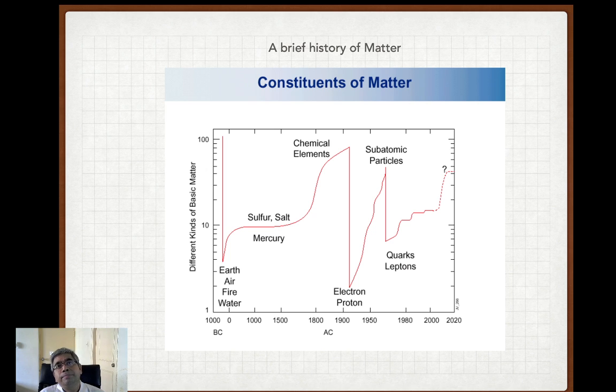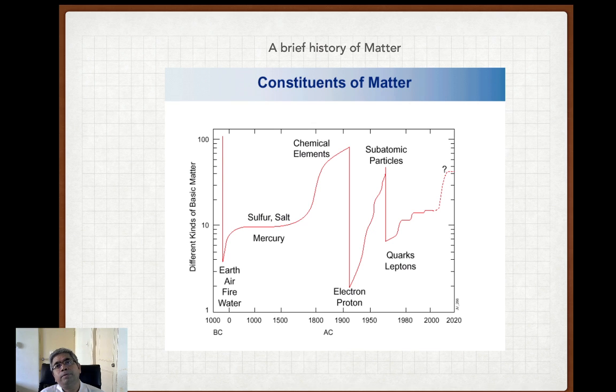But the Indians also had it. Indians also had, in addition to these four elements, something called Panchadhatu, which also included sky in it. These four or five elements, depending upon whether you consider Western philosophy or Eastern philosophy or Indian philosophy, form the basic constituents which made up all the matter in the world.